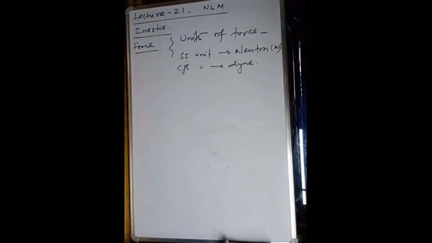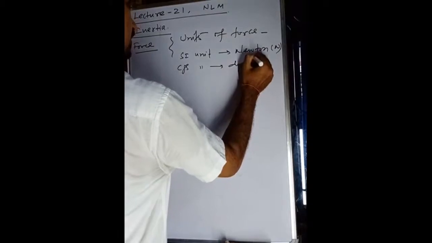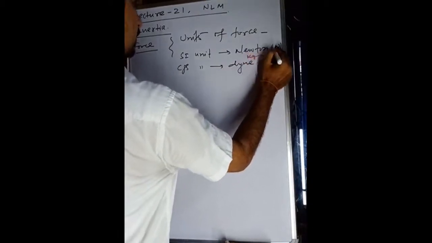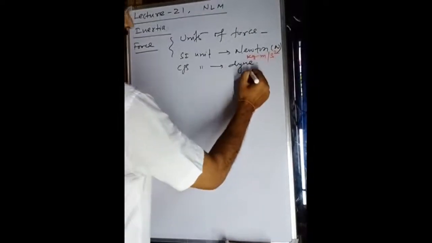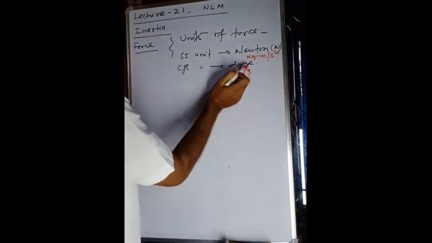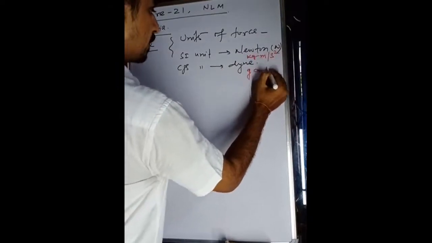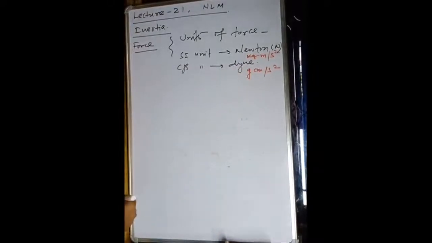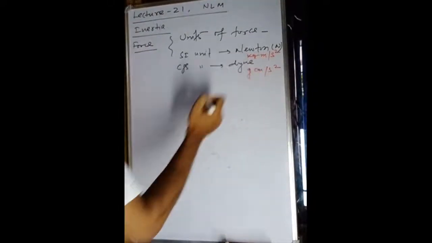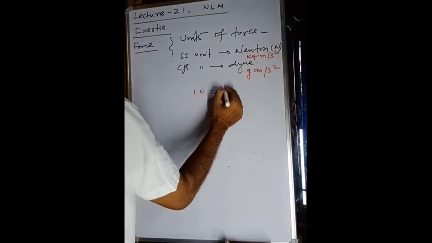And this Newton, my dear students, in MKS system you write as kg meter per second square, and in CGS this can be written as gram centimeter per second square. So this is the CGS unit. There is a relation between this SI unit and CGS unit also, that 1 Newton is equivalent to 10 to the power 5 dyne.